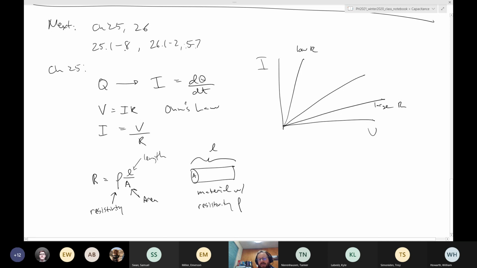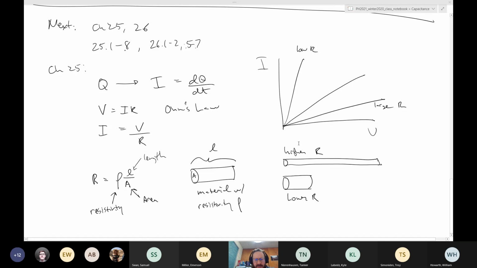As you would imagine, conductors have low resistivity, and the lower it is, the lower the resistance is going to be for a given geometry. Qualitatively, if you had comparatively long and skinny versus short and fat configurations, the short and fat one would be a lower resistance because the area is large and the length is short, and the long and skinny one would be higher.